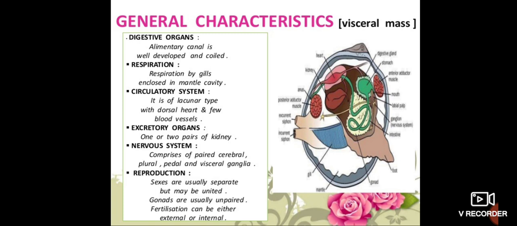For excretory purposes, the organisms have one or two pairs of kidneys. Nervous system comprises paired cerebral, pleural, pedal and visceral ganglia. Reproduction: the sexes are usually separate but may be united. Gonads are usually unpaired. Fertilization can be either external or internal.